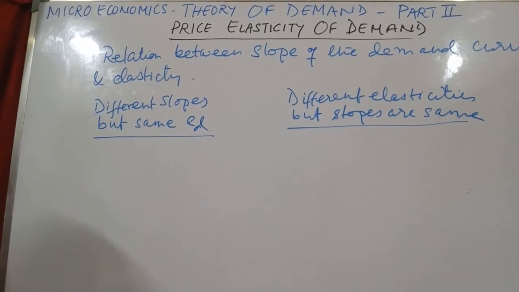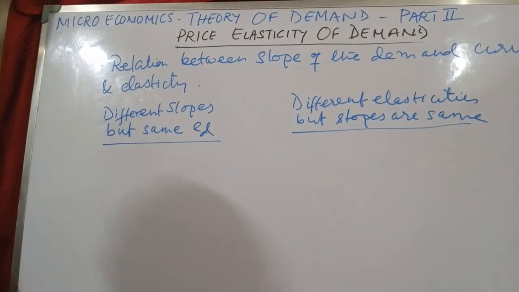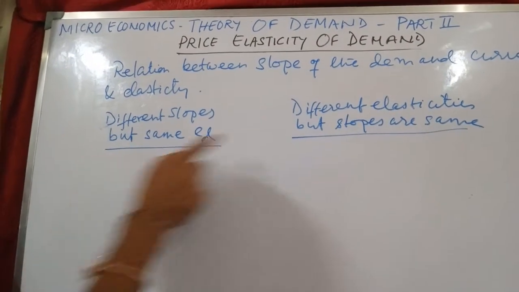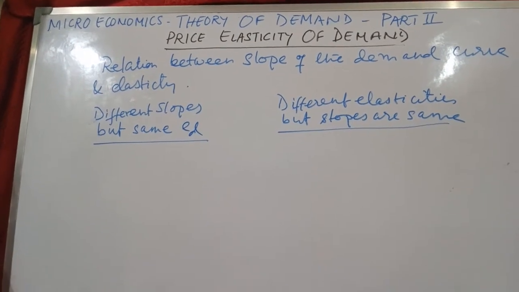So it is quite understood that when you are talking about different slopes or different elasticities, same slopes, same elasticity, this means that we are talking about two demand curves.